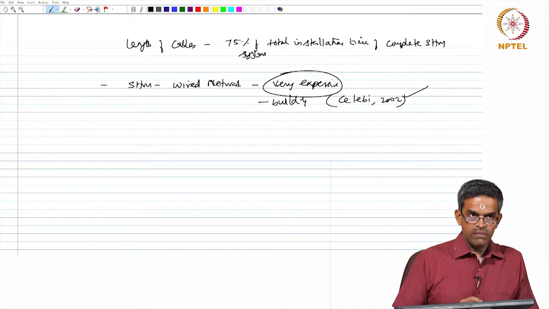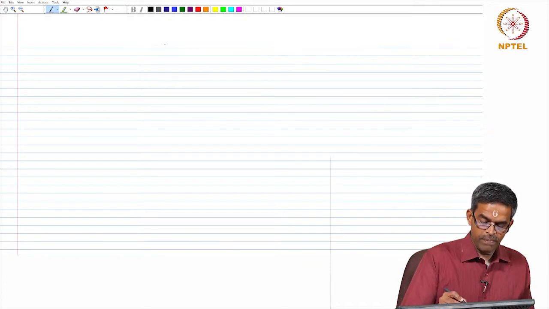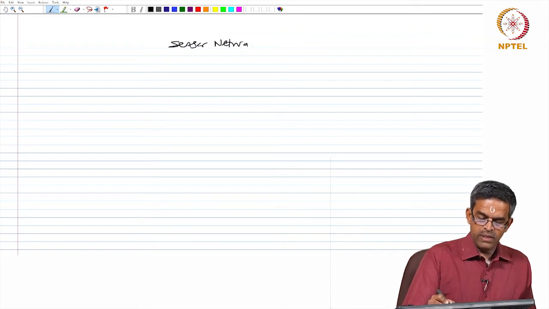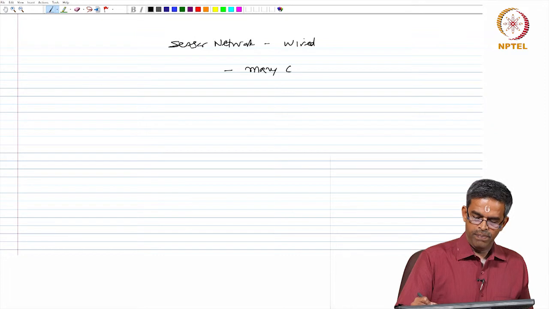So, in a nutshell, the sensor network, if wired, has many complexities.